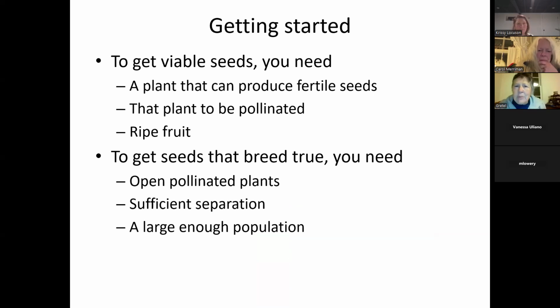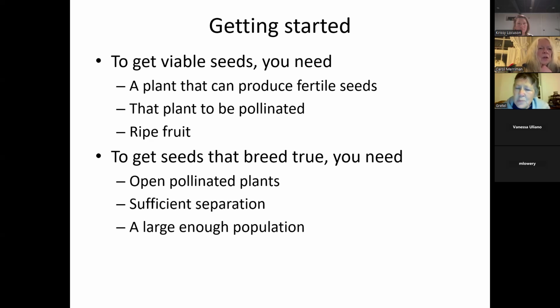So to get viable seeds, you need the plant to be able to produce fertile seeds. You need that plant to get pollinated, and you need that fruit to ripen. Then you can collect the seeds. To get seeds that breed true, you need that plant to be open pollinated, or you're collecting for the whole species.